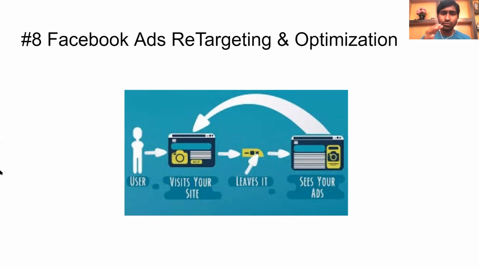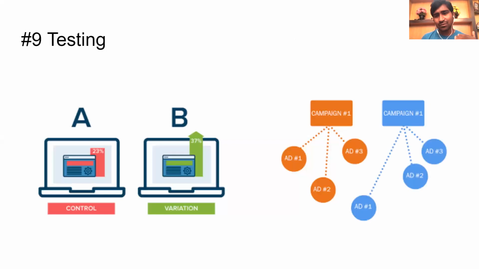And then you have to tweak and optimize all these ads. The last one is the testing phase. As I said, you can test everything at every phase: the ad image, the ad copy, call to action, colors and images. You have to come up with different ad campaigns, different interests, different behaviors, and many other things.